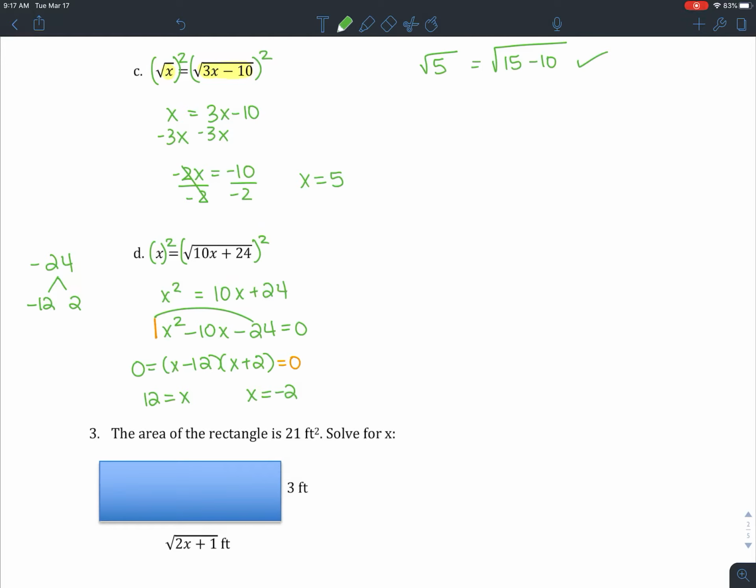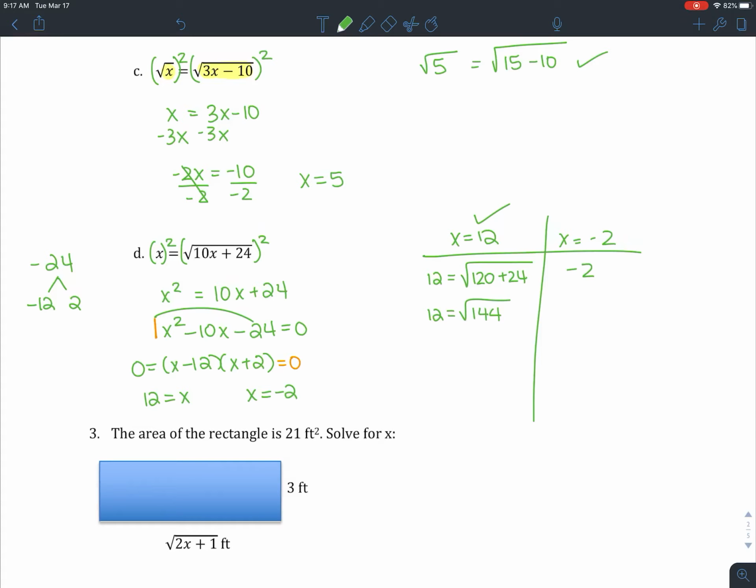So I have two solutions. Let's go ahead and check both. So x equals 12, we'll check, and x equals -2, we'll check. So 12 equals the square root of 120 plus 24. Yes, that's fine.